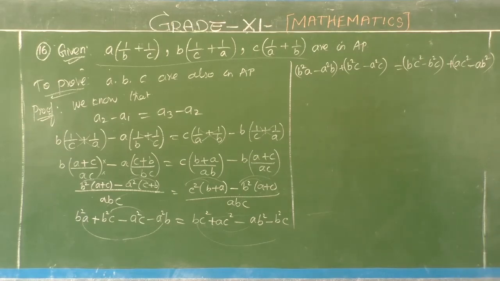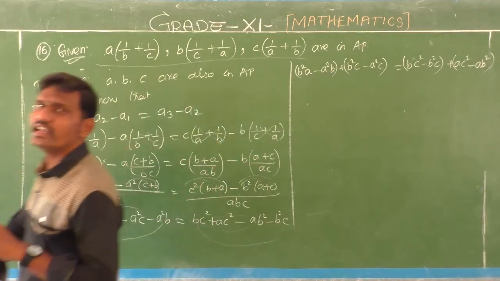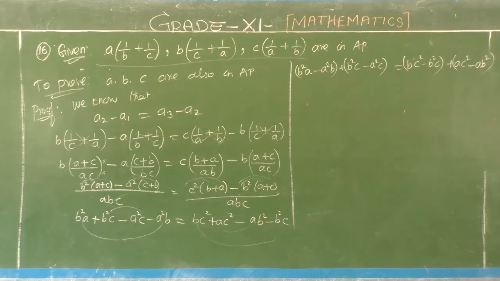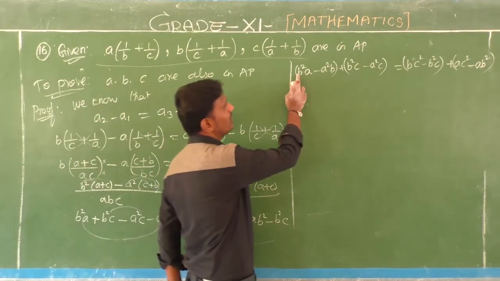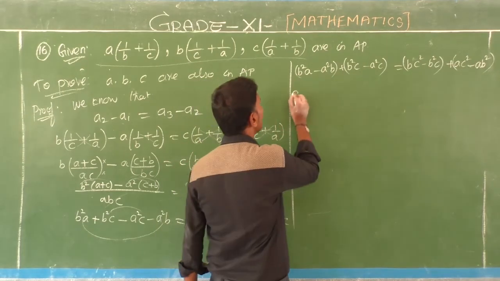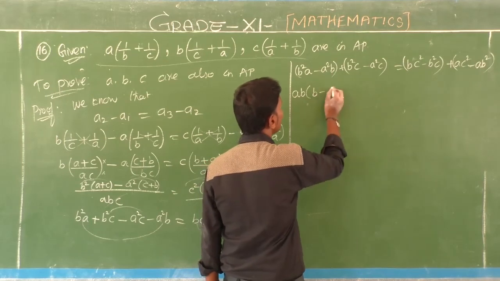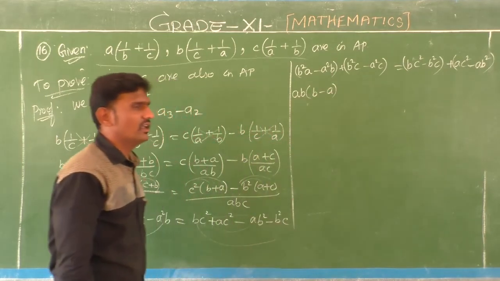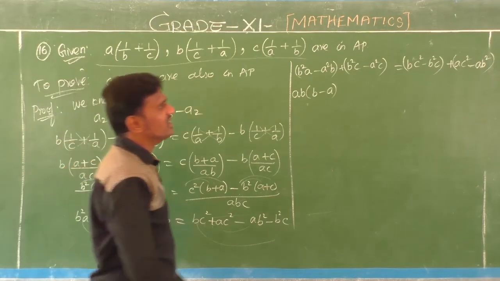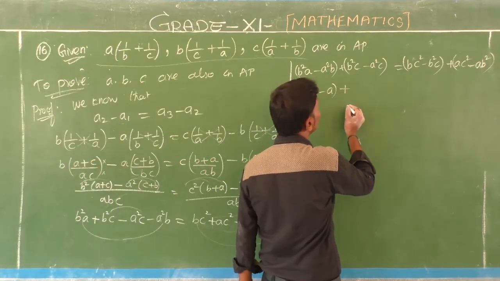Okay? So students listen here. In the left side and right side also you have a common term of one bracket. See, in the first bracket you have 1B and 1B. So I am taking AB outside to get the remaining is B, here remaining is A. So B minus A. Okay? And next here also you have common term of, what is that?